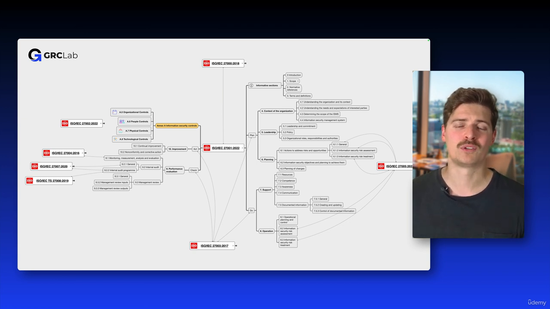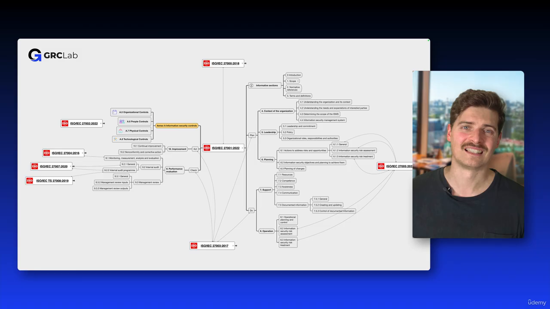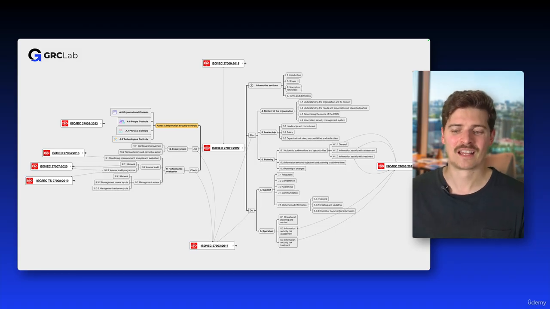Here on the mind map, you can see the ISO 27001 standard in the center, and then I've indicated a few examples of additional standards within this series that further specify what these requirements are about. So, for example, on the right-hand side, we can see the ISO 27005 standard, which is about risk management. And this is in relation to clauses of ISO 27001 that are somehow related to risk management.